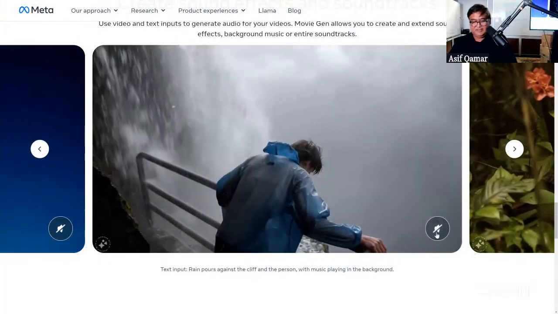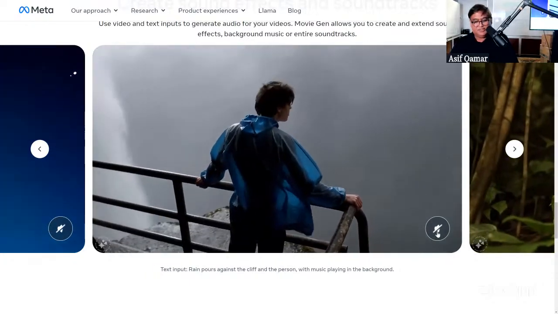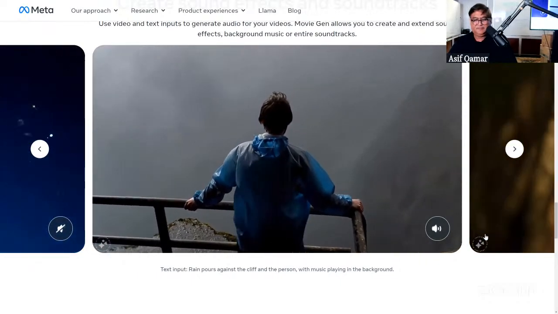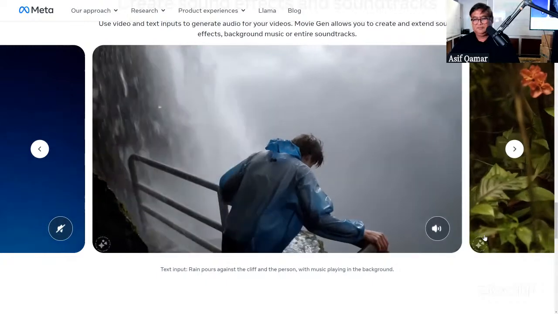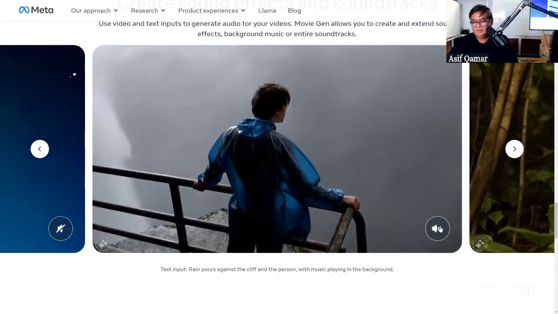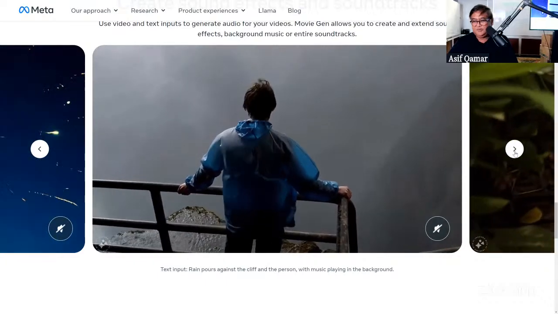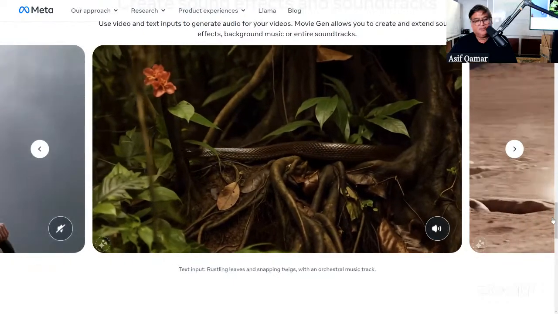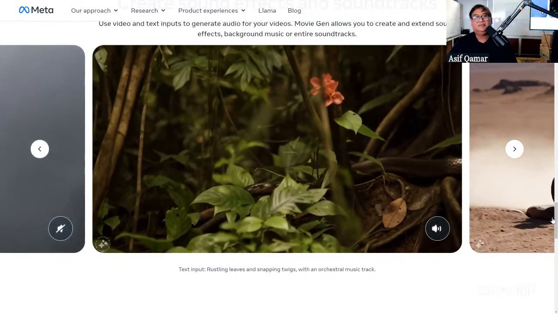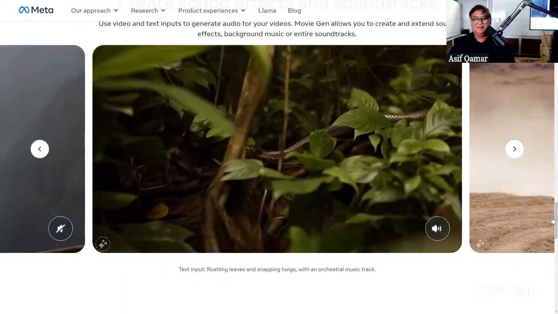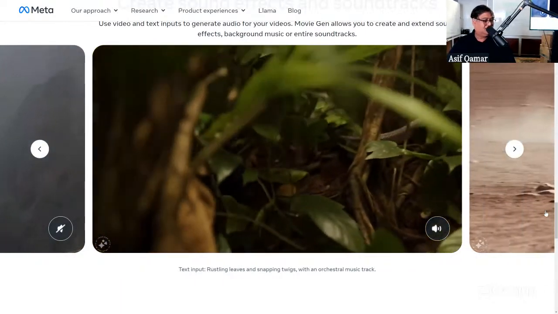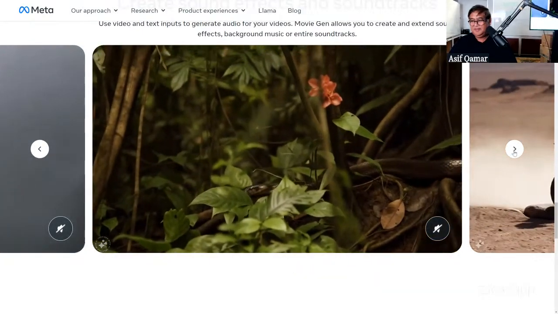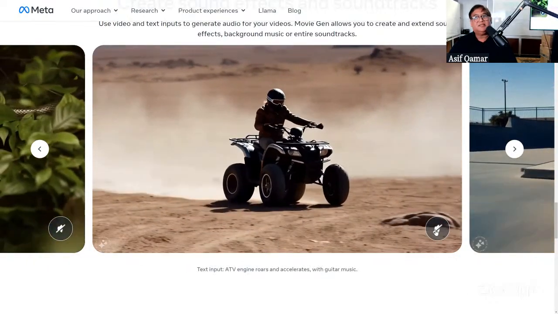Look at the sound effect. You give a text input, rain pours against the cliff, and the person with music background. So here we go. Look at the next one, which I found quite interesting. And by the way, these are generated sounds.